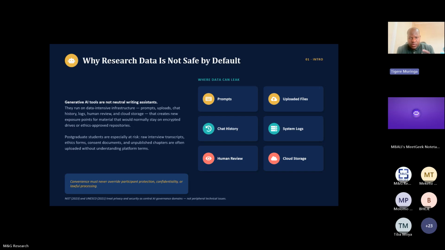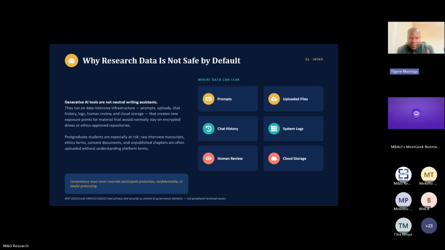Because of this intersection of all these processes, it creates new exposure points for research material that would ordinarily remain within encrypted drives, university servers, ethics approved repositories, or password protected transcripts.